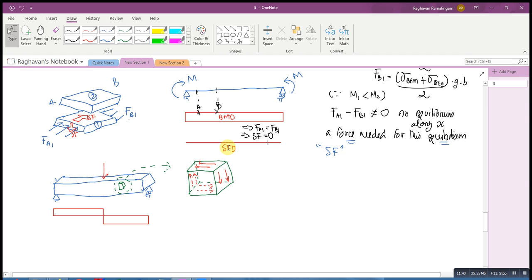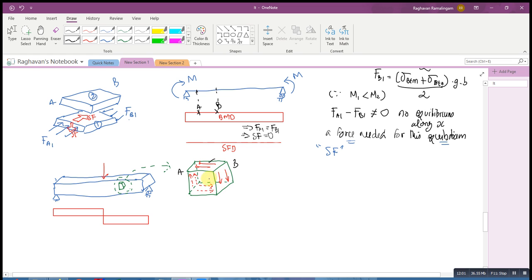And any beam that you take, if you isolate out a small component, you have seen that this shear force over here is caused so that FA1 and FB1 are balanced with each other.